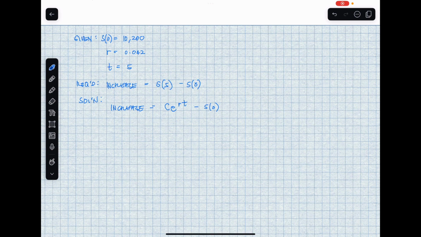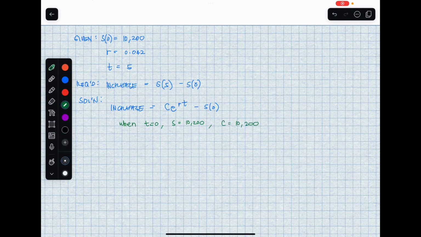But similar with growth and decay, when time is 0, if S is 10,200, therefore it follows that C is 10,200 as well. I did not derive it anymore so that I could go right away.